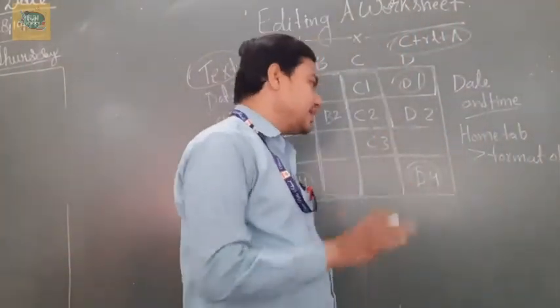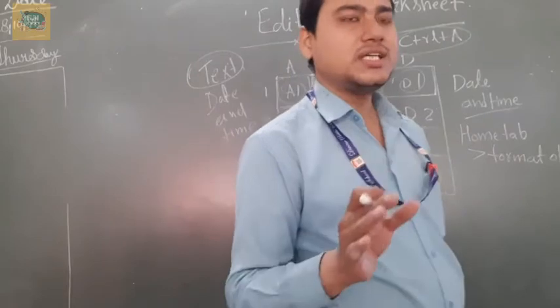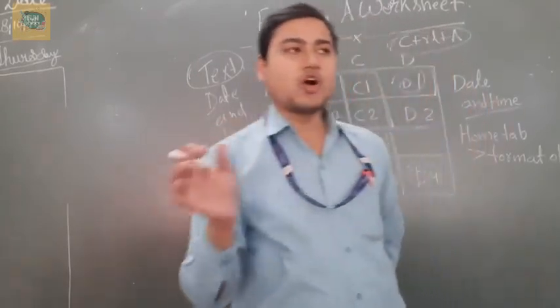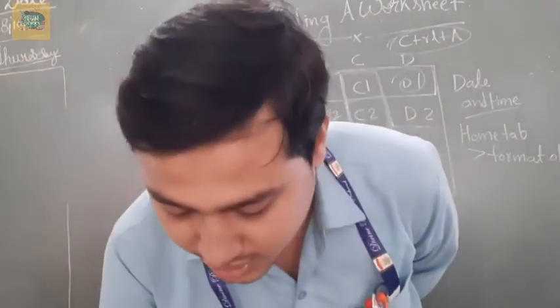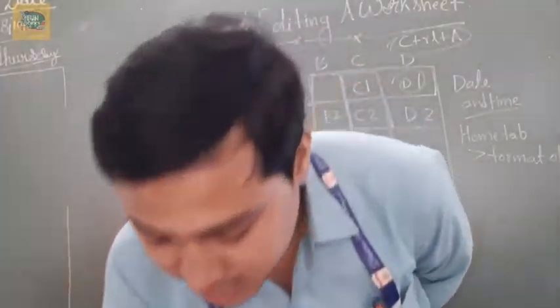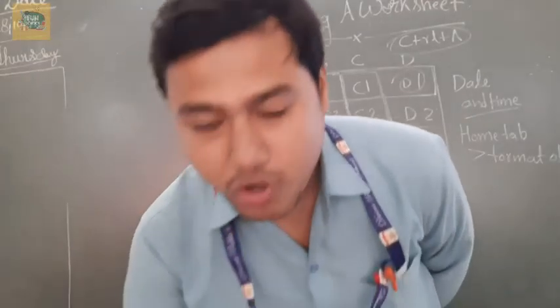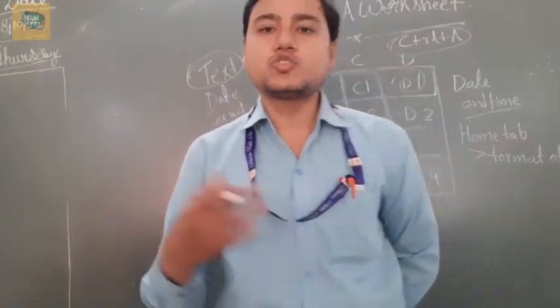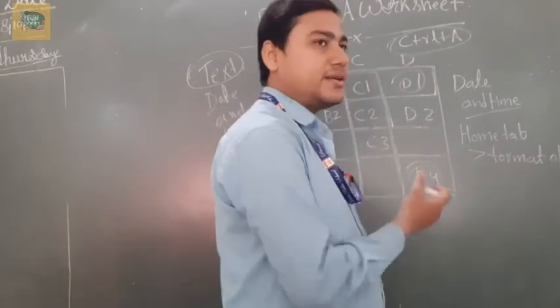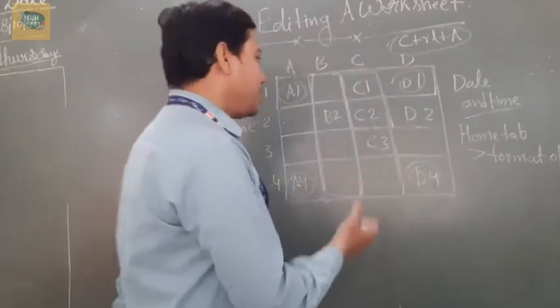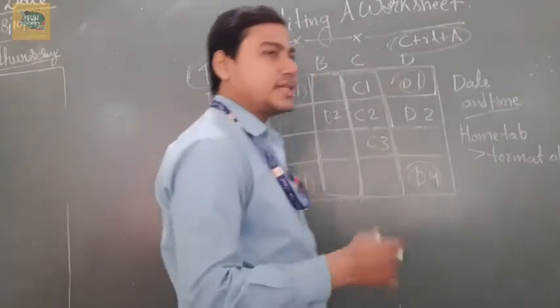In this dialog box, you can see the formatting of a date, a currency, a time, a percentage, a fraction. There are so many formatting options you can see. Now here my aim is to format the date and time. There are so many formats.